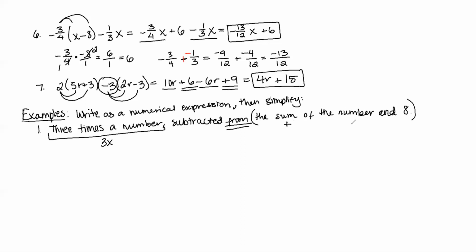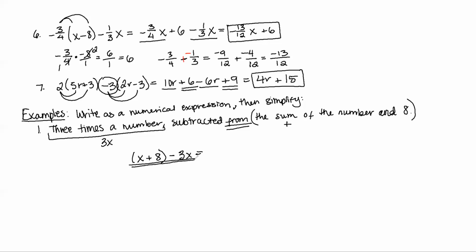It says the number, not another number, so we're still going to use x. So the sum of a number and 8 in parentheses is going to be x plus 8, or 8 plus x because these are commutative. And now we want to take 3x and subtract it from this. So we're going to put minus 3x. So this here is our expression.